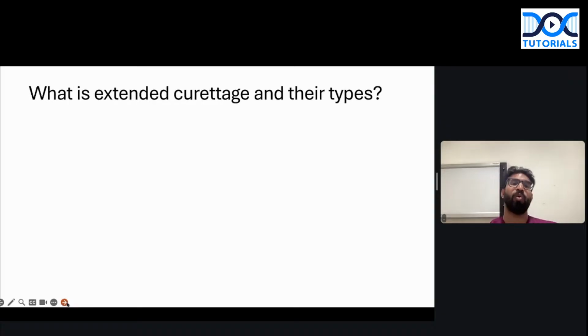So, what is extended curettage? Curettage is just scooping out all the tissue. Extended curettage in a giant cell tumor is mainly divided into four types: mechanical, chemical, thermal, and cryo.